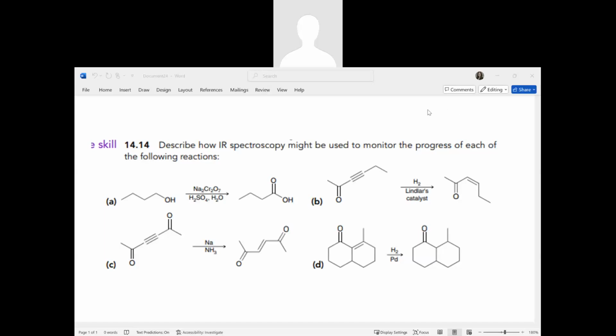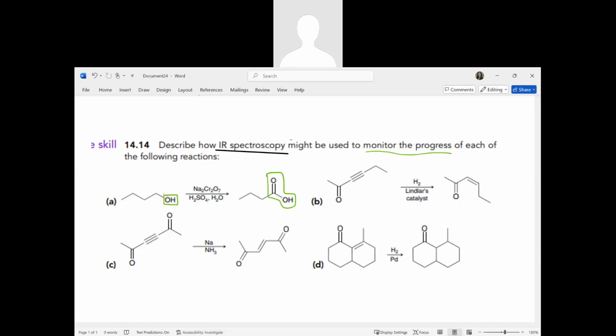For problem 14 from chapter 14, we are given 4 scenarios, and we're asked to describe in each how we could use IR spectroscopy to monitor the progress of these reactions. In A, we see an alcohol as our reactant and a different functional group in our product.